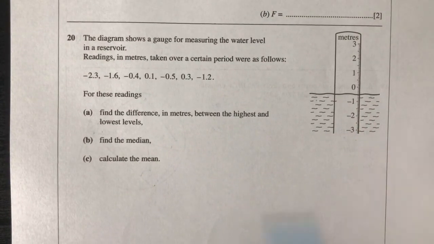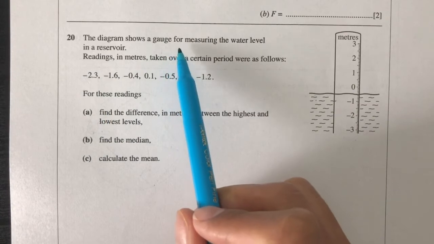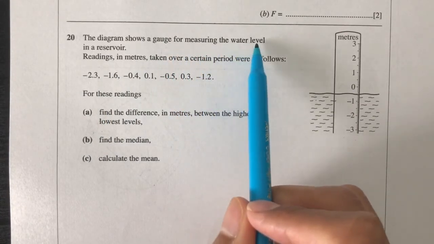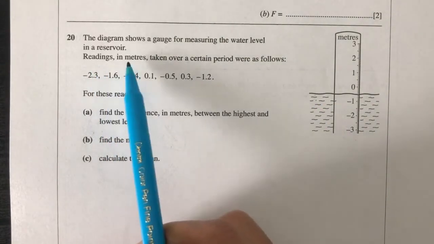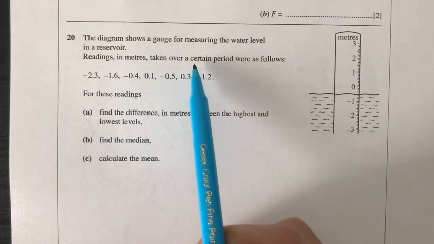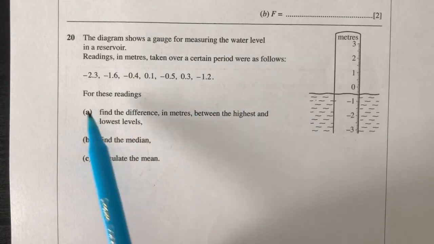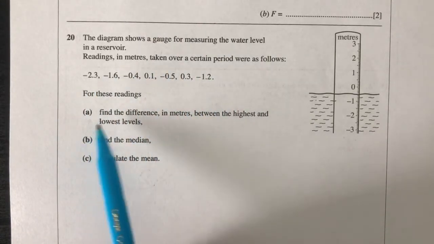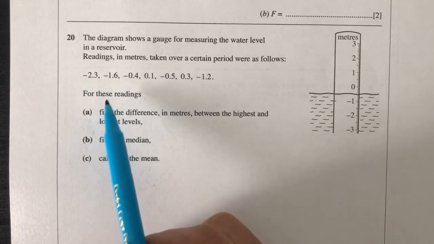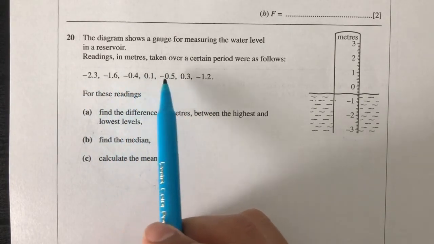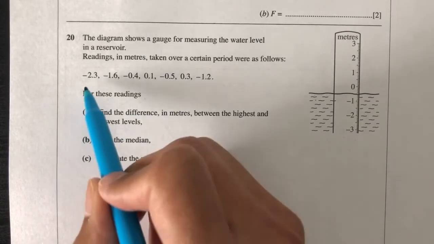So now question number 20. The diagram shows a gauge for measuring the water level in a reservoir. This is the gauge, right? Readings in meters are taken over a period of time as follows. Okay, part 1. We first have to rearrange this from lowest to highest. So what is the lowest value? It will be minus 2.3.